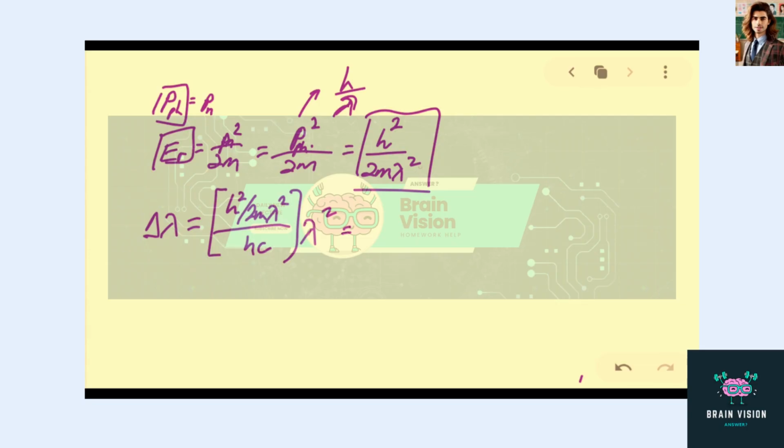Now to simplify this, we should get h over 2mc. And we see that this is actually independent of lambda. This is a very important point because it doesn't matter what wavelength of transition you're looking at, the correction term is always the same. And as such, for any n value, it will still be the same correction.